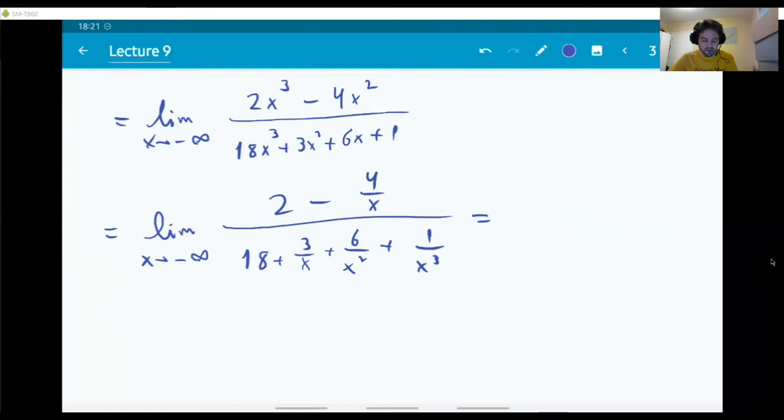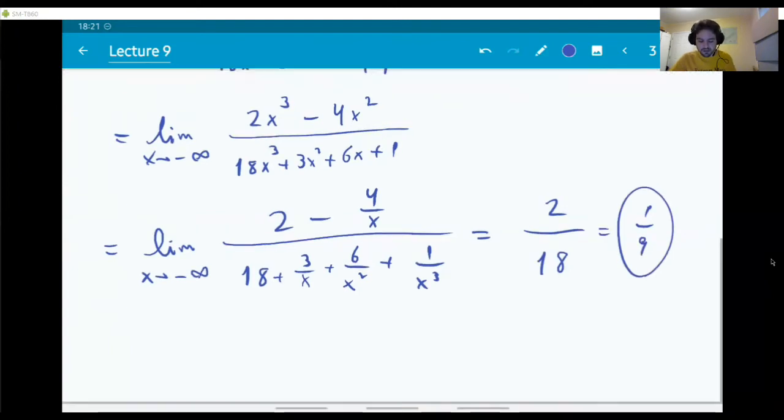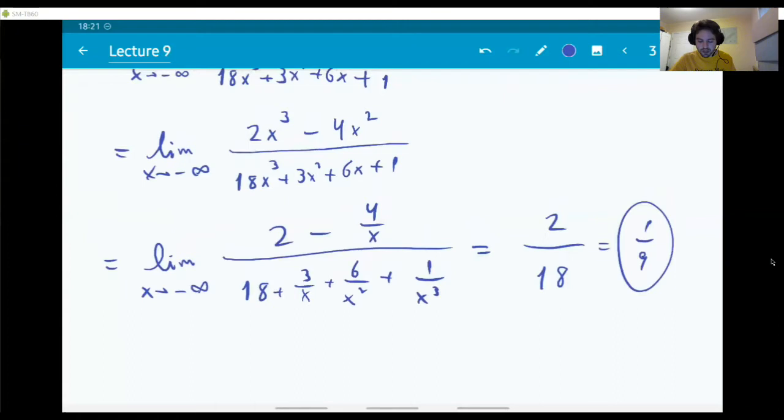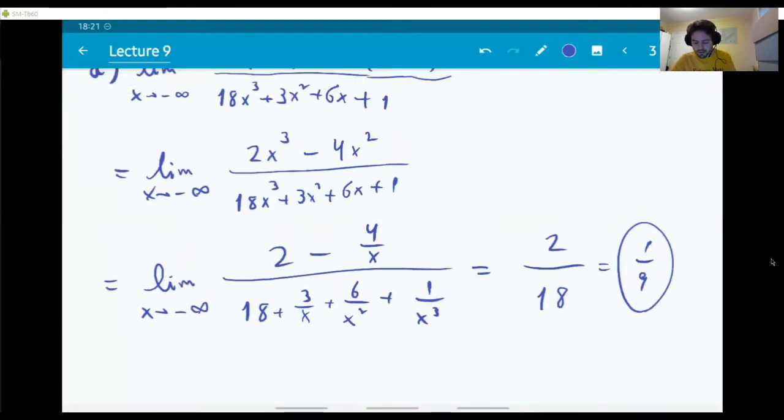Doesn't really matter what the sign is, because number over infinity is 0. So you really just have 2 over 18, which is 1 over 9. So this item A was an example of a limit at infinity being equal to a finite number, 1 over 9.